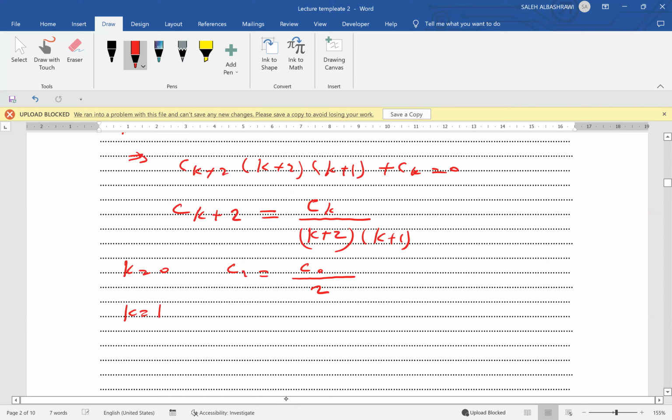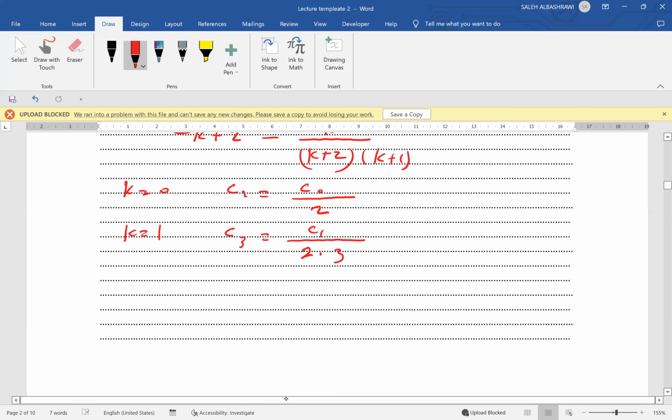K equal to 1, I will have C3 equal to C1 divided by 6, or I can say 2 times 3. Just keep the order. If k equal to 2, I will have C4 equal to C2 divided by 3 times 4.